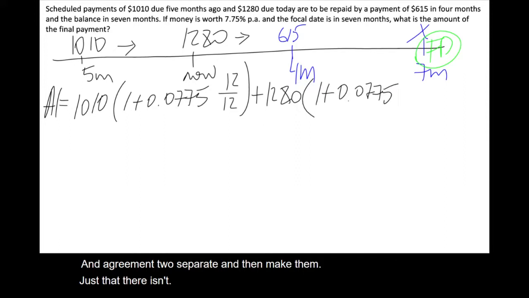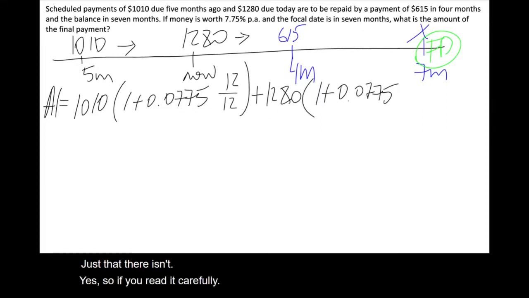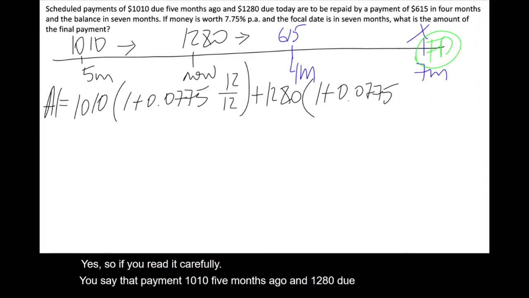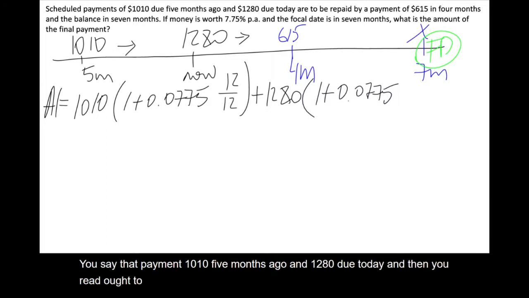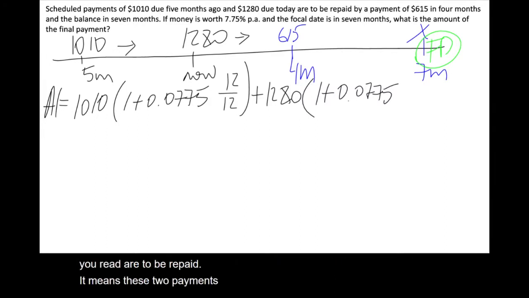So the X and the 1,280 are two different payments. If you read it carefully, it says payment 1010 5 months ago and 1280 due today, and then it says are to be repaid. It means these two payments were combined as one agreement.